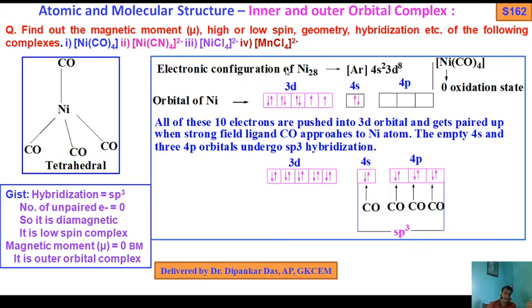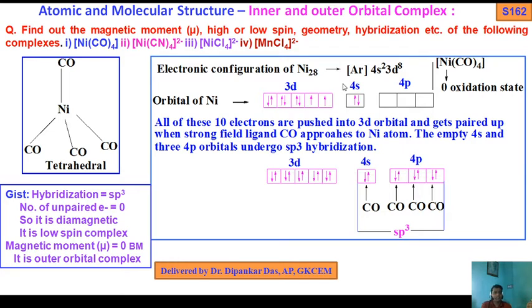So we are given 4 complexes. Now we have to find out whether it is an inner orbital or outer orbital complex, what is the hybridization, what is the geometry, whether it is a low spin or high spin complex, what is the value of magnetic moment, and whether it is diamagnetic or paramagnetic. You should find this out for these 4 complexes.